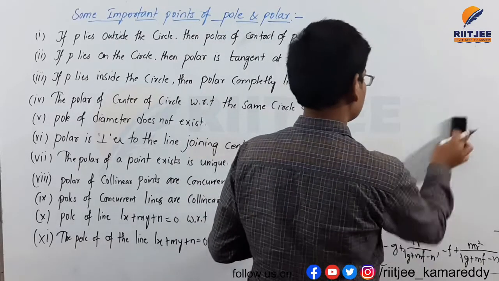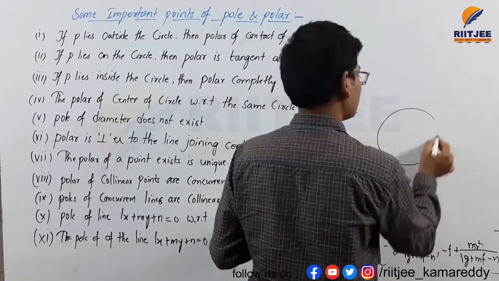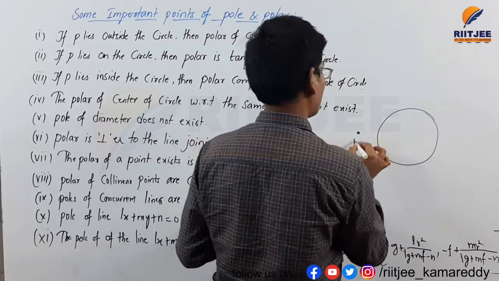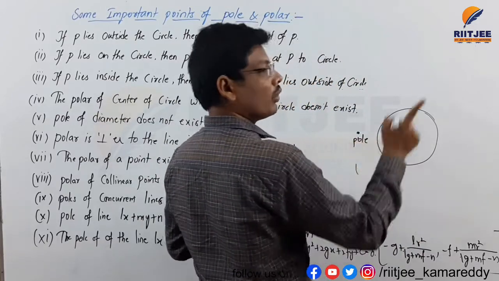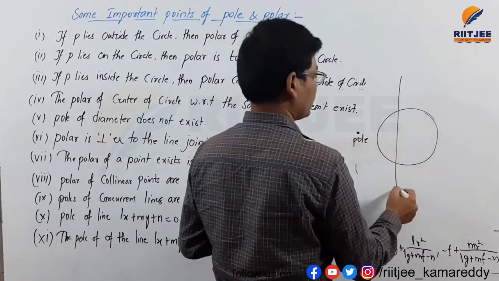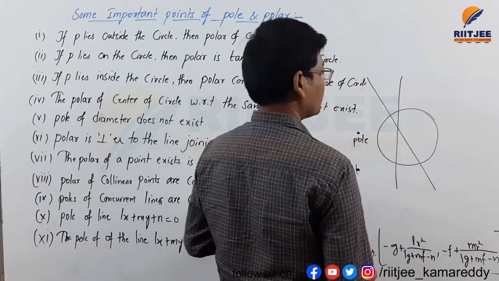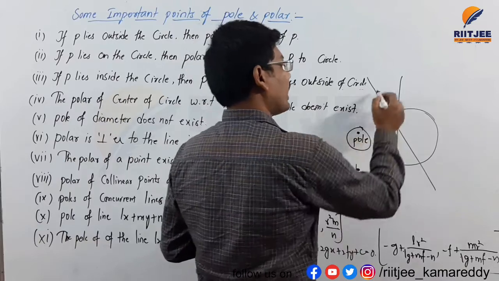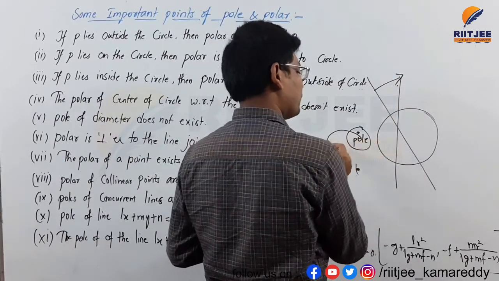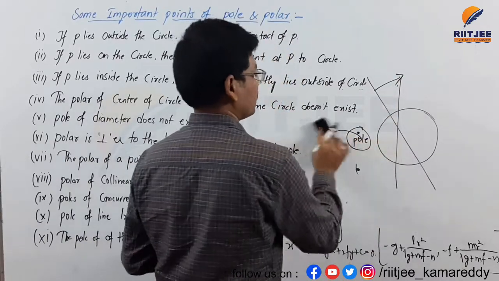If you draw a circle and mention a pole here, for this pole we are going to get only one polar. For another point, again we get one more polar. Only one polar for each pole.